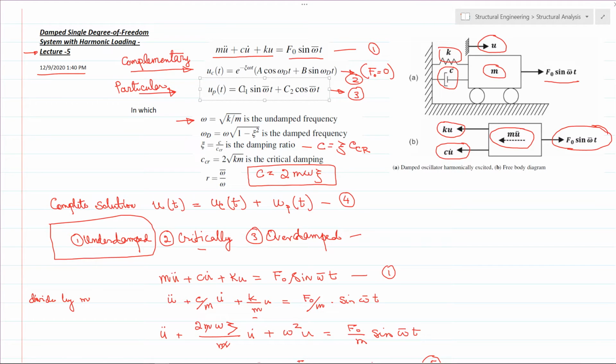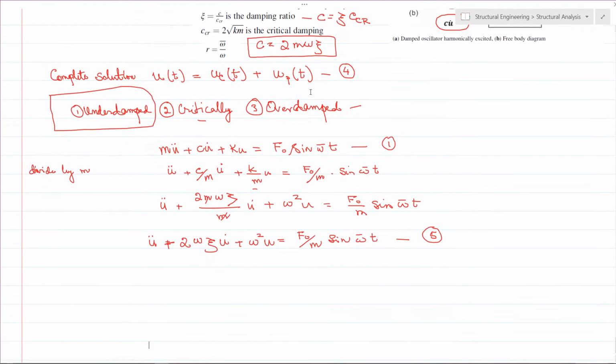Let me rewrite this equation again and let us do some mathematics on it. That means u p of t is equals to c1 sine omega bar t plus c2 cos omega bar t. Let us try to solve this problem.